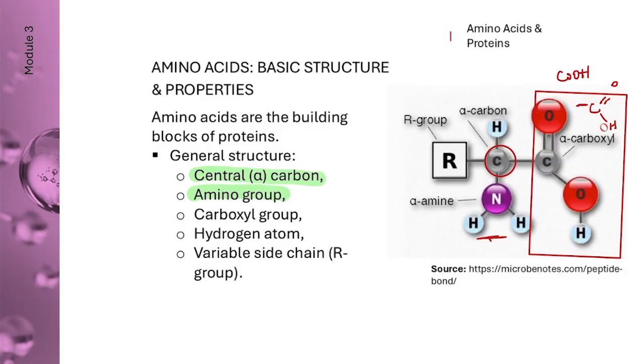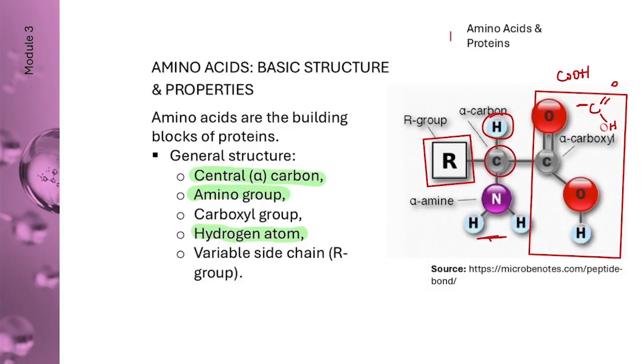And that carboxyl group is connected to the alpha carbon. Next, as part of the basic structure of the amino acid is the hydrogen atom. We can see clearly here the hydrogen atom.